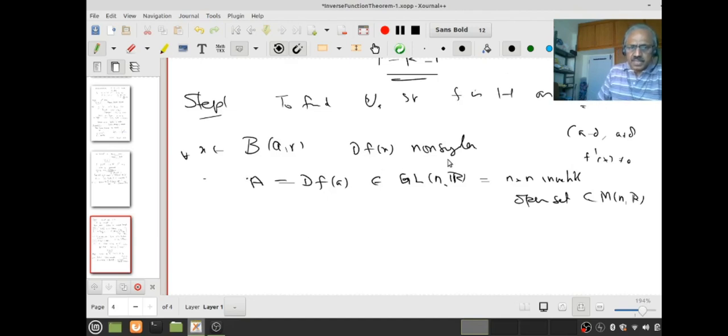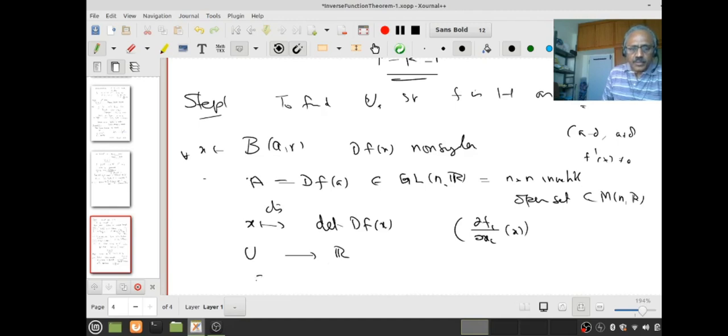Since this is non-singular, let's look at the map x going to determinant of df x. Now what is df x? In terms of the Jacobian it will be del f_i by del x_j at x. These are all continuous functions. Therefore the determinant, being a polynomial in them, is a continuous function from U to R. And what do I know at a? This is non-zero.